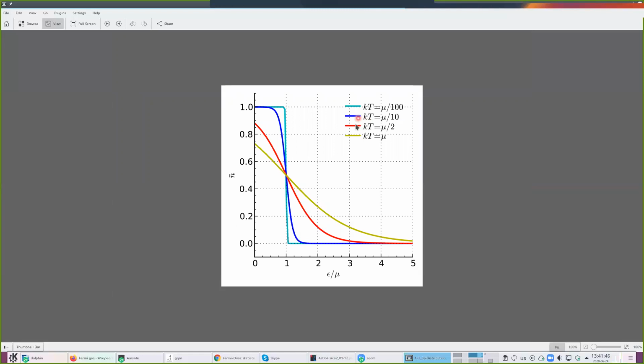When the thermal energy starts to be definitely smaller than the Fermi energy, the quantum effects start to be shown, and this is because particles cannot have the energy they want. They just cannot go there.